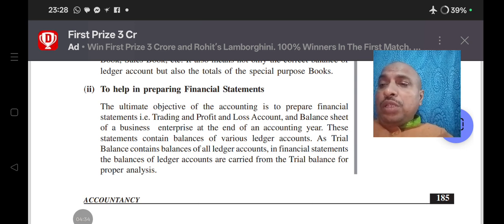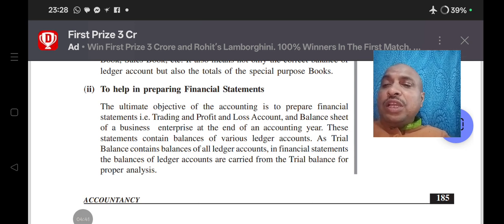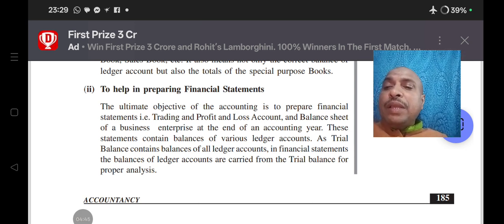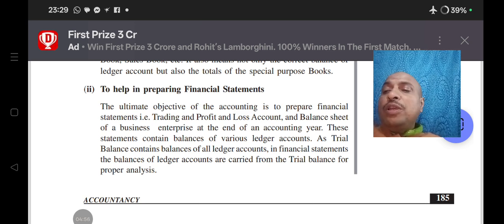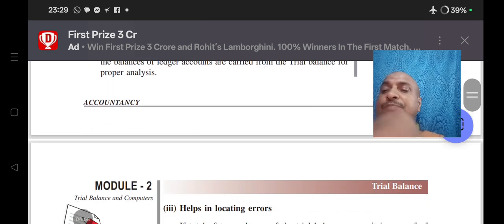So, the ultimate objective of accounting is to prepare financial statements, that is trading and profit and loss account and balance sheet of a business enterprise at the end of the accounting year. These statements contain balances of various ledger accounts, as trial balance contains balances of all ledger accounts. In financial statements, the balances of ledger accounts are carried from the trial balance for proper analysis.